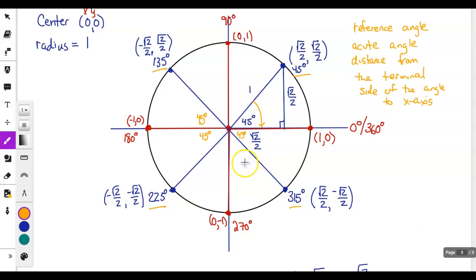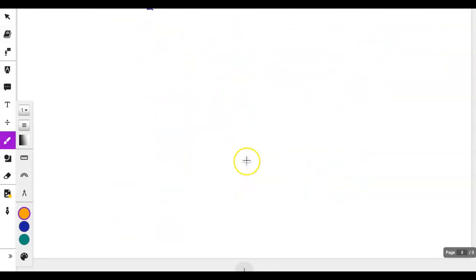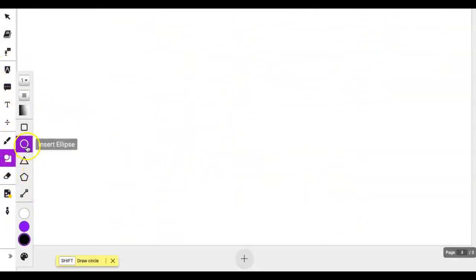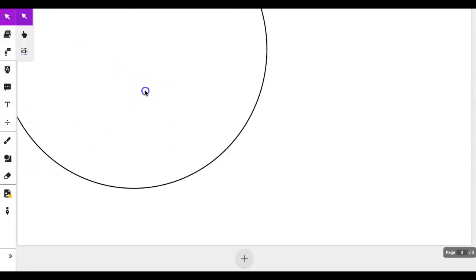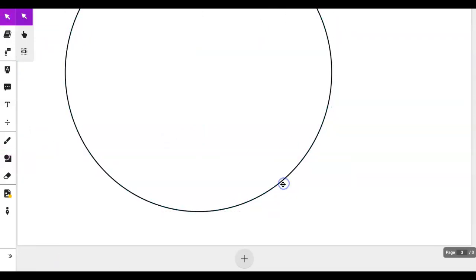So the second thing I'm going to do here is show you how we use 30, 60, 90 right triangles to get more points on the unit circle. So I'm going to start by drawing a circle again. Let me actually move this down and make it way smaller.